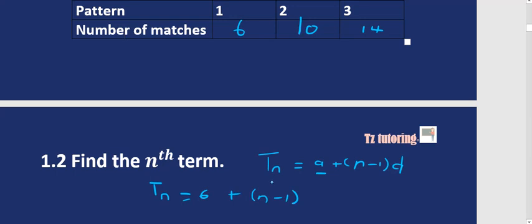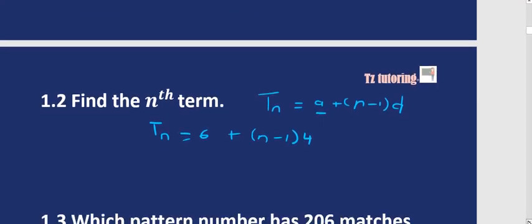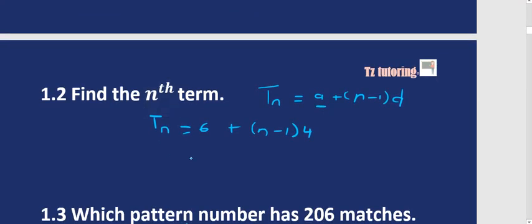There's a difference of 4. We add 4 to the next pattern. And of course, if we simplify the equation, 4 times n is 4n minus 4, which of course becomes 4n, and 6 minus 4 is 2. Okay, that would be our n term.